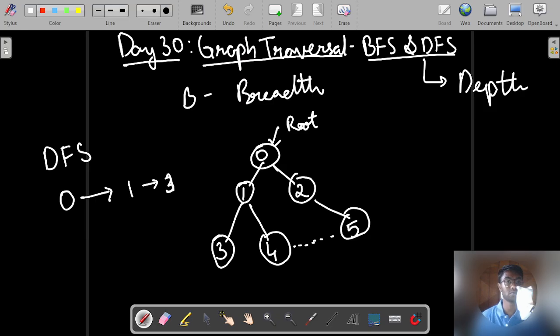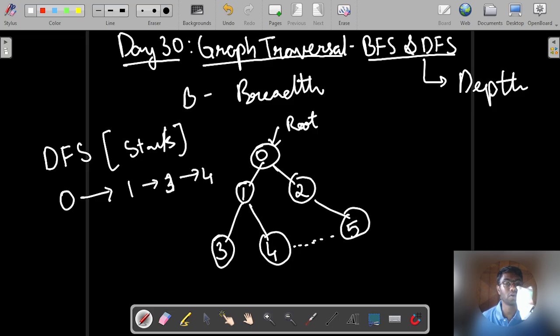DFS is usually implemented with stacks. So 1 is connected to 3, and 3 is the leaf node. So we come back to 1 and we visit the node 4.